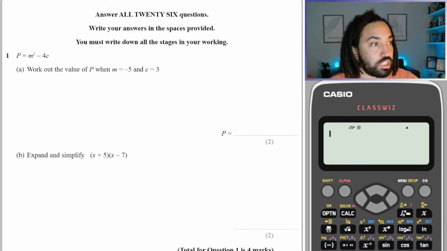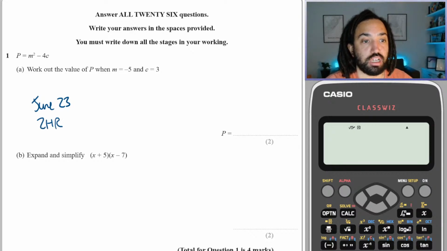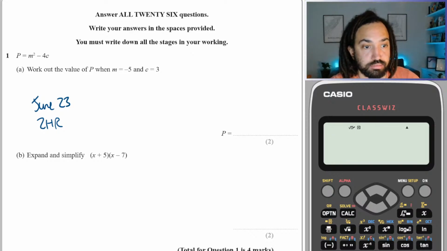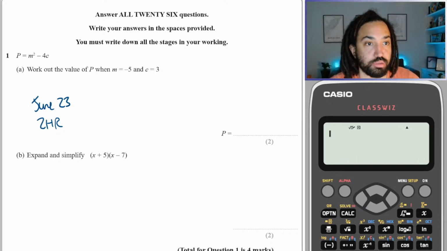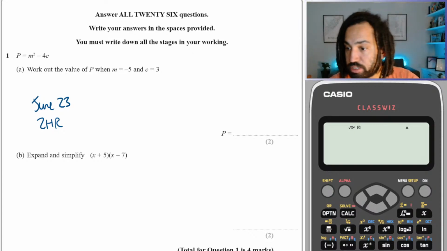Let's do some maths. So we've got question 1. This is of June 23. This is paper 2HR. If you have done 2HR papers before, great. They are just the same really as your regular papers.